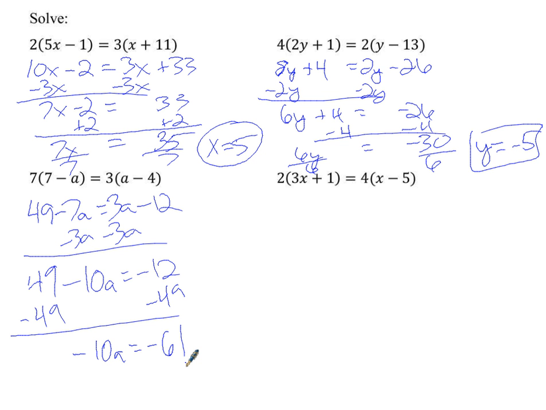Okay, go ahead and call on somebody who hasn't been called on yet. Girl's turn, I guess. Divide both sides by negative 10. Good. And what do we get?